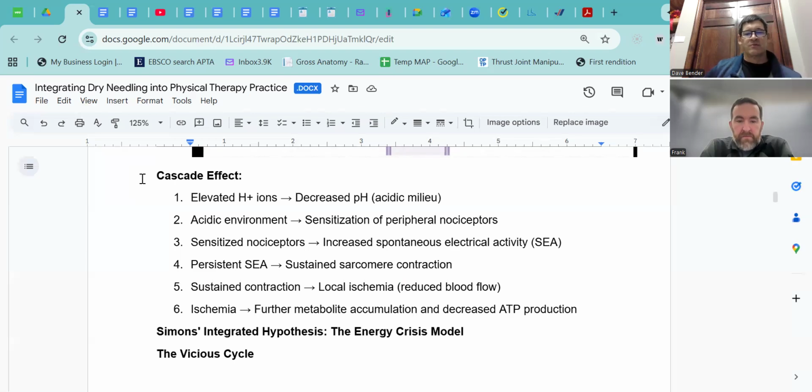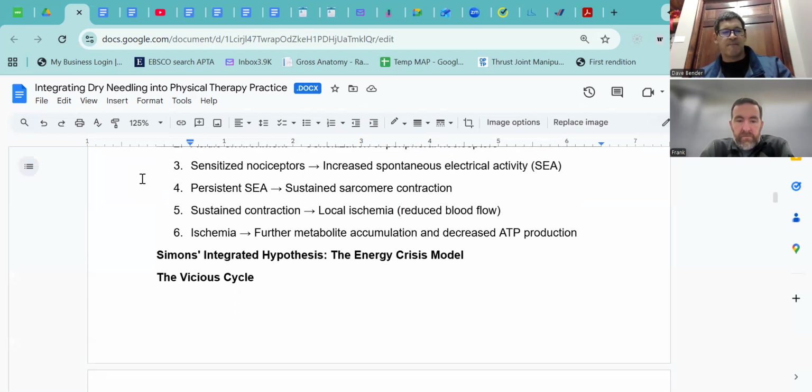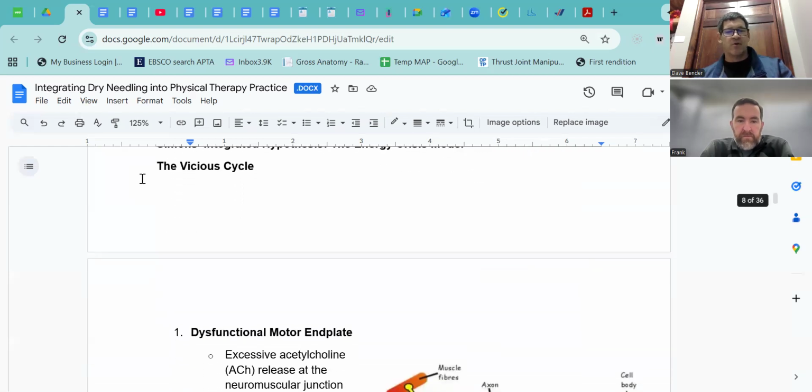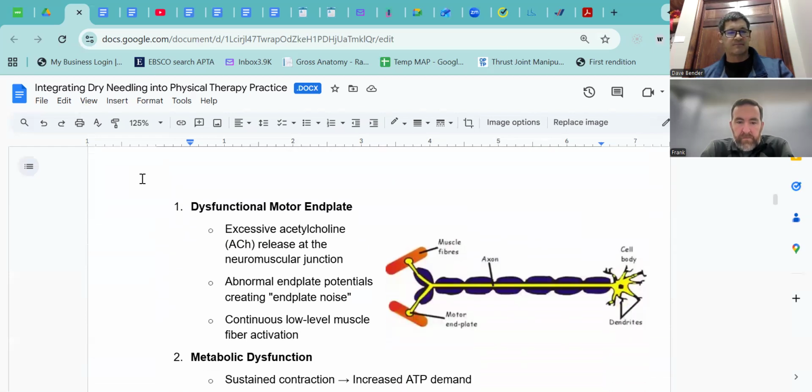Sustained contraction produces local ischemia. With ischemia, further metabolites accumulate with a decrease in ATP production. So that's the model. And that's what they talk about as a vicious cycle, where this becomes a self-perpetuating mechanism.